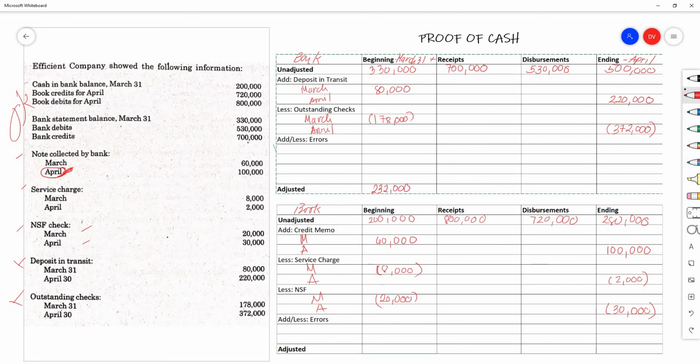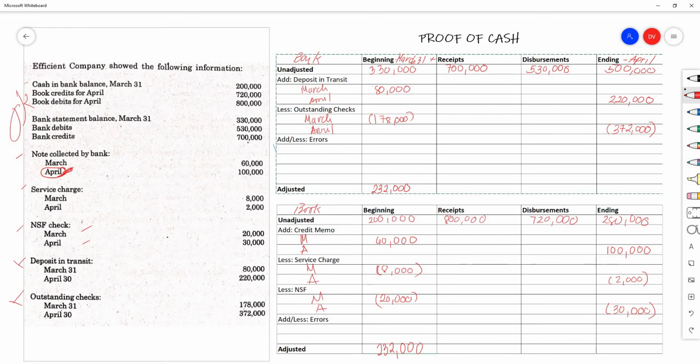Now, if we compute this is for March, dapat 232 lang din. Plus 60 minus 8 minus 20. Okay? So, that gives us 232,000. Anong ibig sabihin? O, parang ito yung bank reconciliation for the month of March. So, ito yung unang date. Pangalawang date, ito naman.